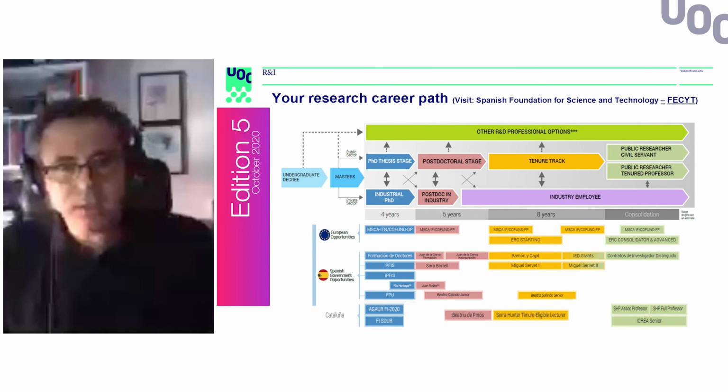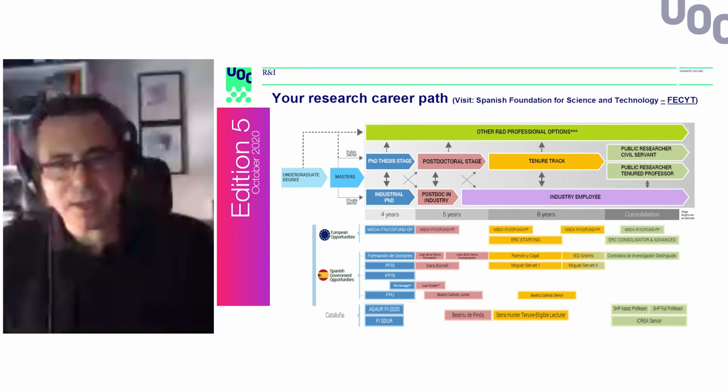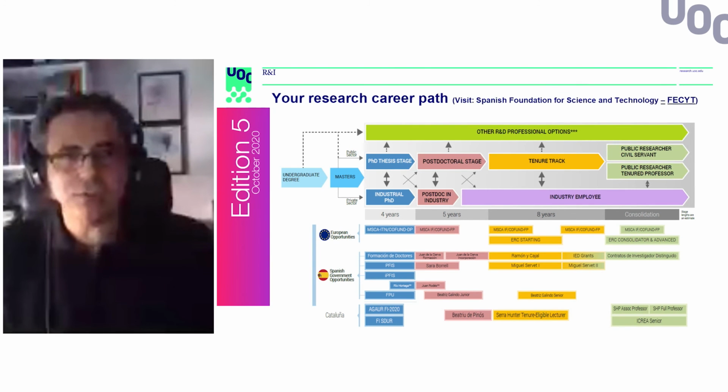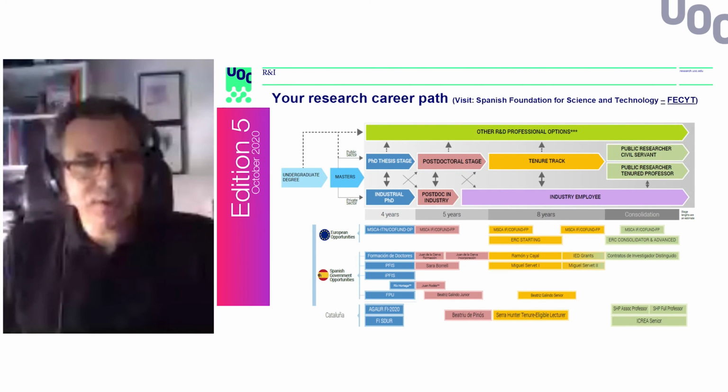If you're planning to have a research career here in Spain or in Europe, this is a really useful scheme where you can see the theoretical pathway for you to create your research career. Here you can see the different stages, and there are different levels: European level, national level, and the regional level here in Catalonia.